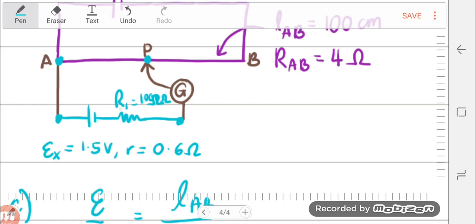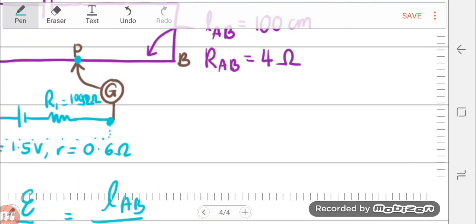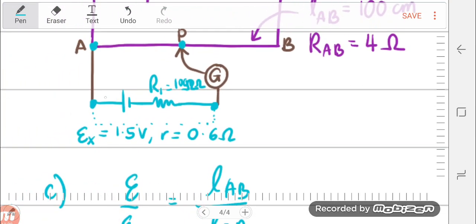No matter how many ohms we put here, it is not a complete circuit as a whole circuit like this, so we still consider that the potential difference from point here to point here is the same as from point here to point here, because there is no current passing through it. So we don't have a potential difference of the whole circuit. What we only have is the potential difference of the terminal voltage.